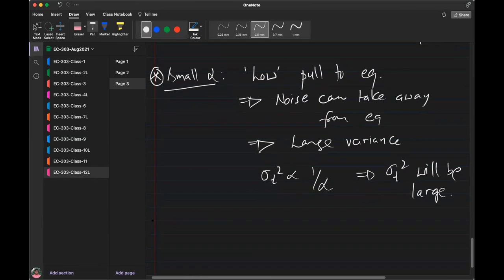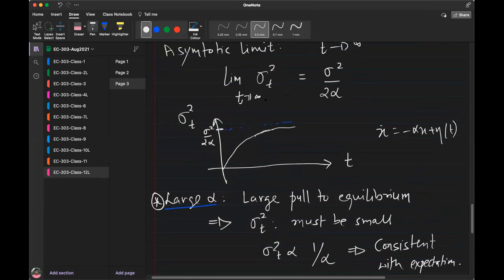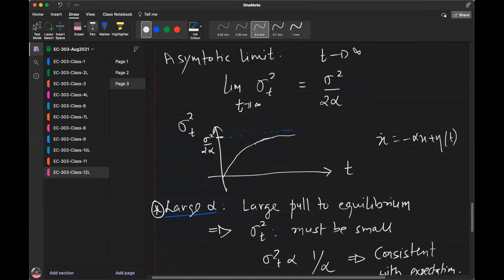But in this case, because we are having that large variance, we first started with the assumption that the noise would be within some limit. The noise sigma is still fixed.